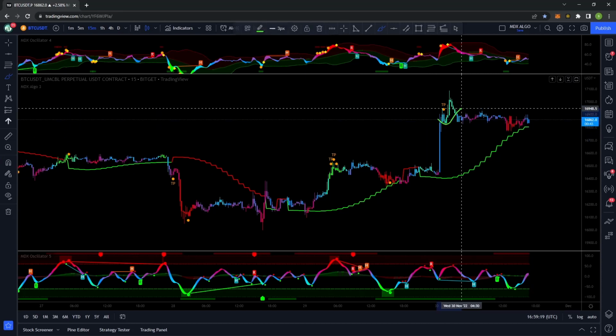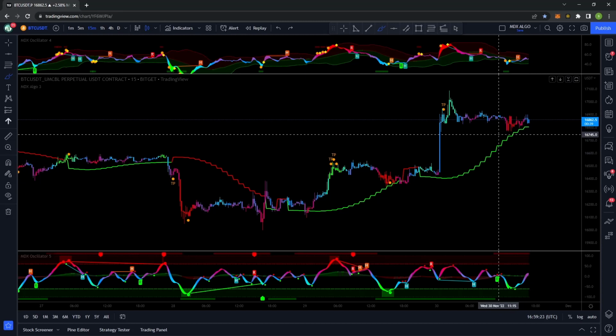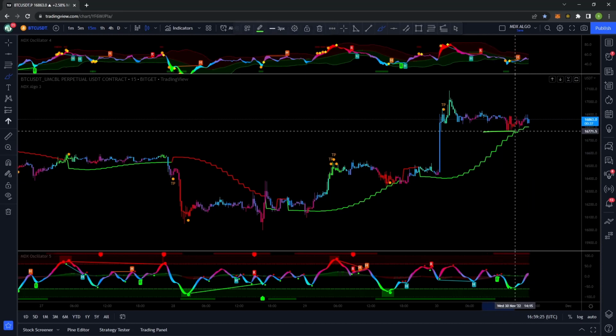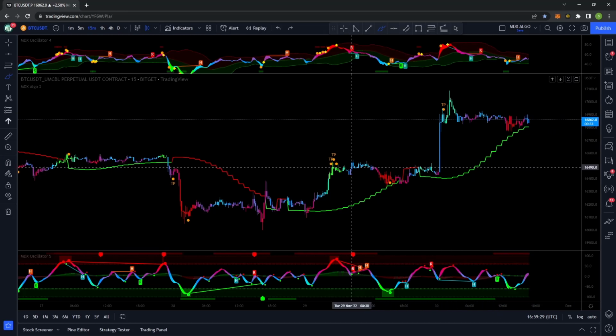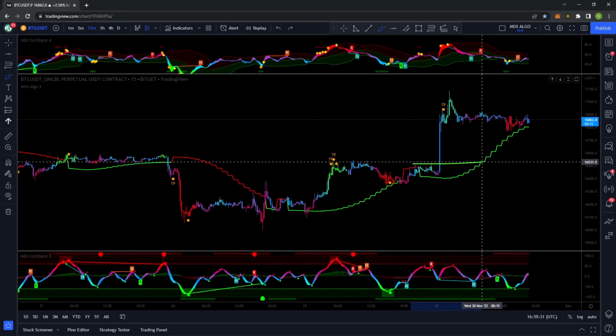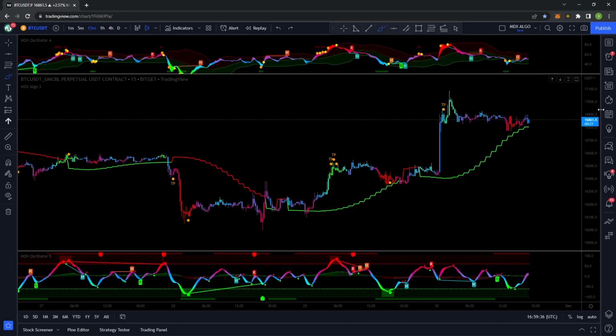But we might just end up having some kind of a time-based correction here before taking a leg up. If we end up dropping these lows here and this indicator flips red, I think then it makes a lot of sense that we'd start targeting these levels down here. But we're going to have to see how that goes.